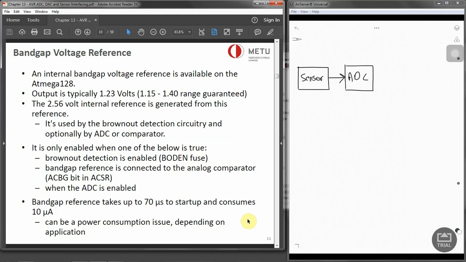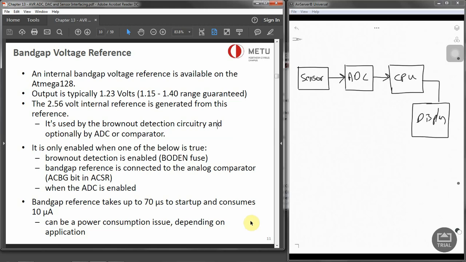We have to convert it to digital so that our CPU can process it. Because the CPU only understands zeros and ones, we have to convert it to zeros and ones. And then we can display the result.